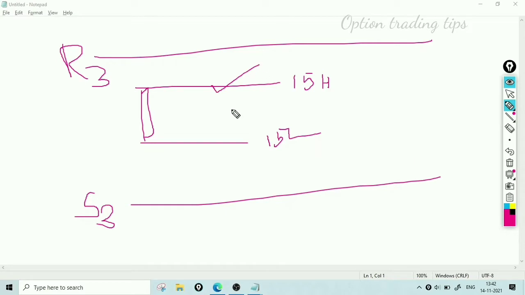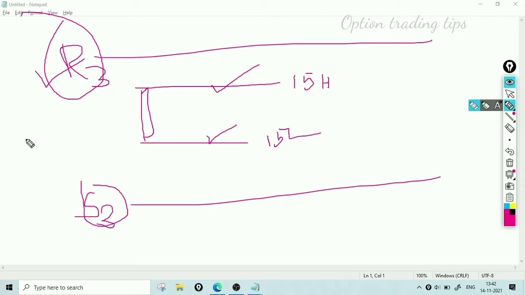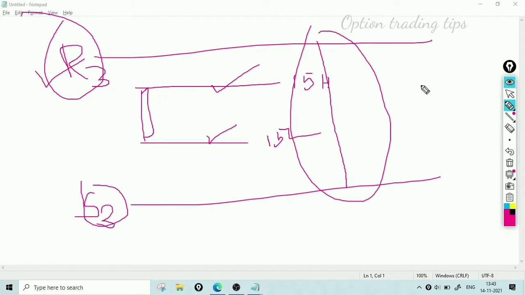I mark these lines manually, but there is an indicator, Camarilla pivot point R3 and S3. I made a separate video on how to set the Camarilla pivot point. Please check that video; I give the link in the description. Other than these four lines, what support and resistance I use and how I find them is discussed in this video.